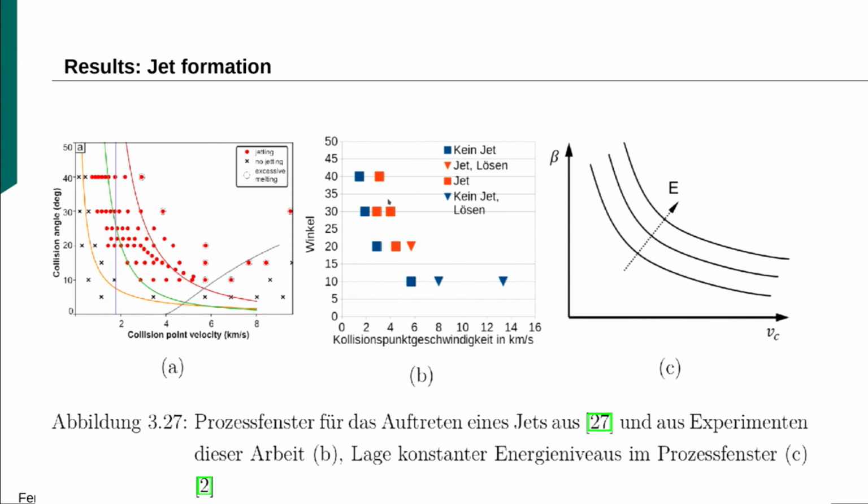Here you get a good joint. And what these people claim is that these lines here correspond to lines of constant energy. That's this graph here. So you need a kind of minimum energy to form a reasonable joint.